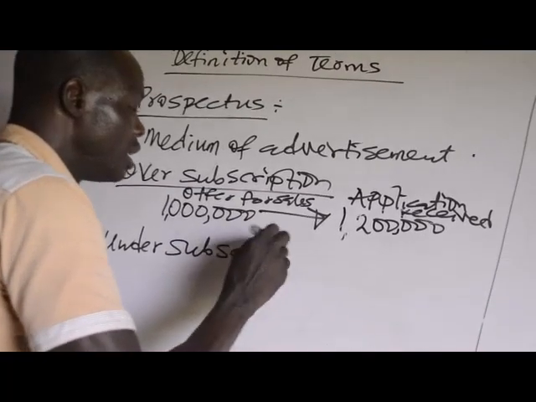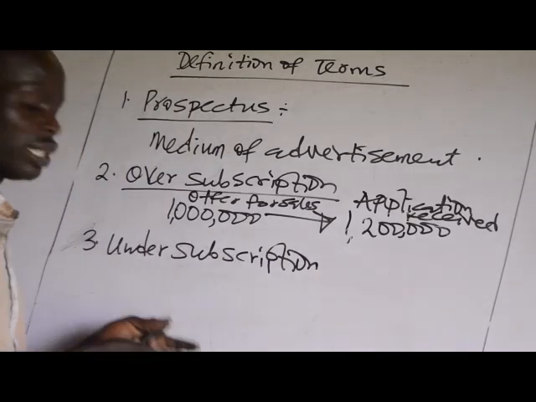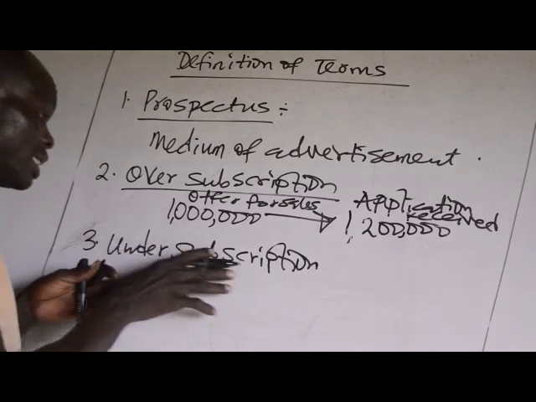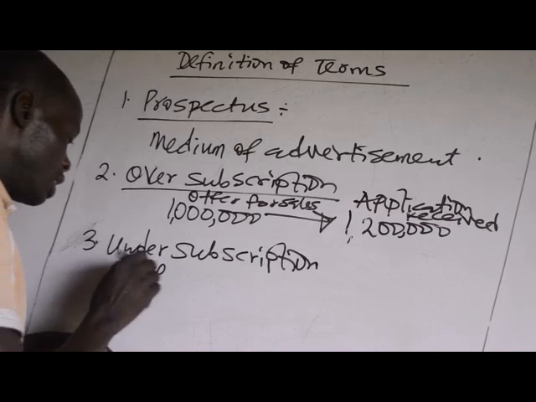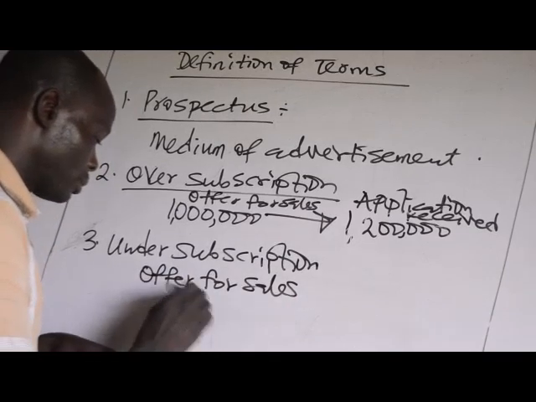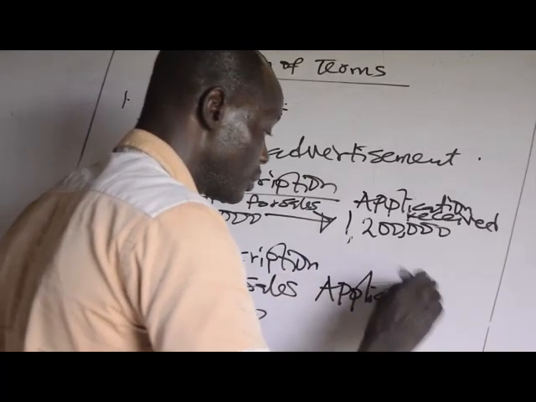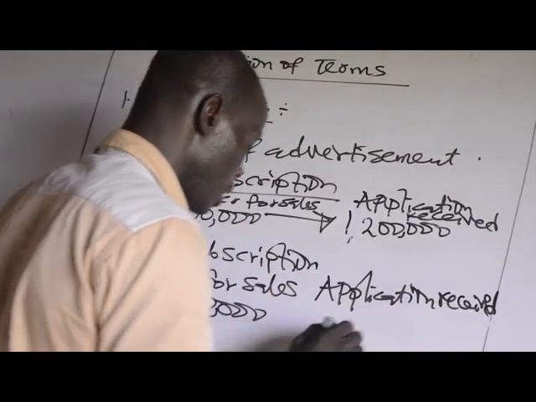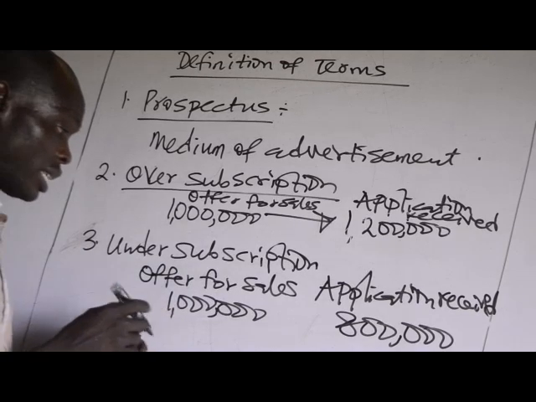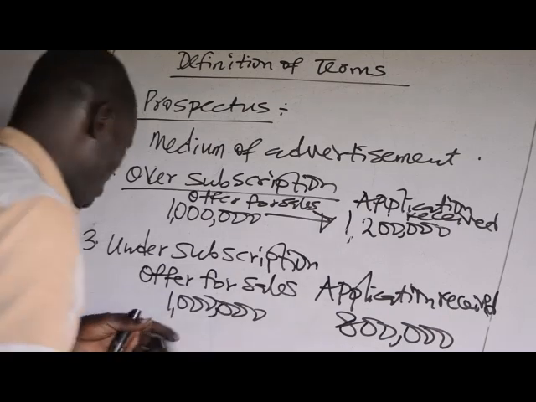This is when the number of shares applied for is less than the number of shares offered for sale. If the company offers 1 million shares and receives 800,000 applications, which is less than the 1 million shares offered, this case is said to be an undersubscription.